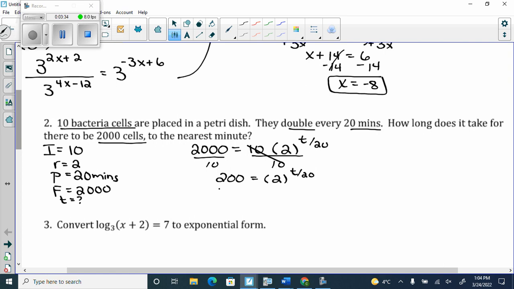So I go log base 2, because the base of my exponent becomes base of my log. What's with it doesn't stay with it. So it's 200, and it always equals the exponent, which is T over 20. And then how do I get 20 by itself, or T by itself? I multiply by 20. And what do you get?